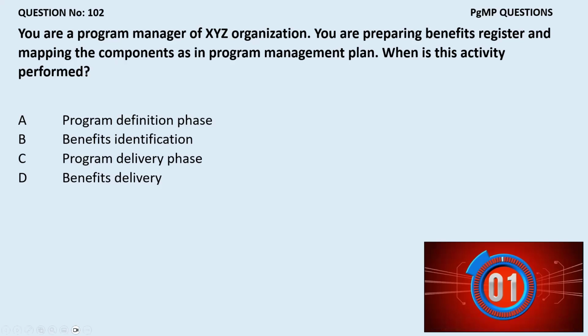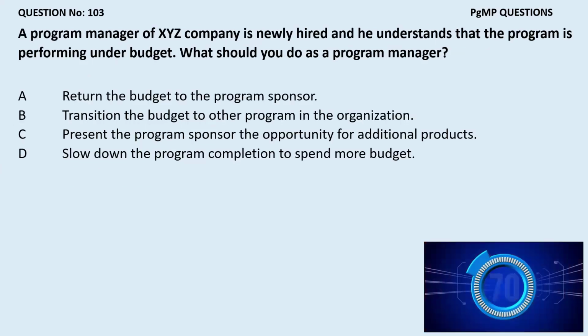It is an identification process activity and it is being done in the definition phase. Simple. Point number 5 in the benefit register, bullet number 5. Very important point. 103.